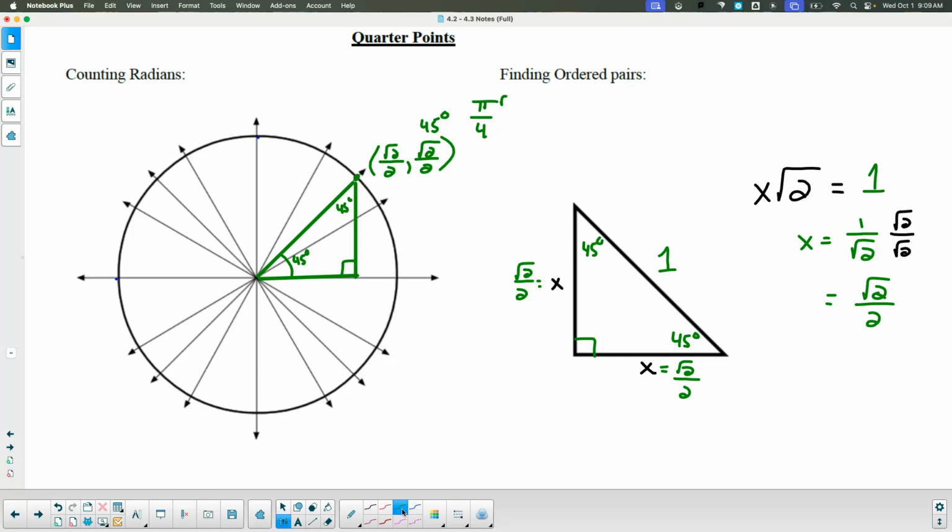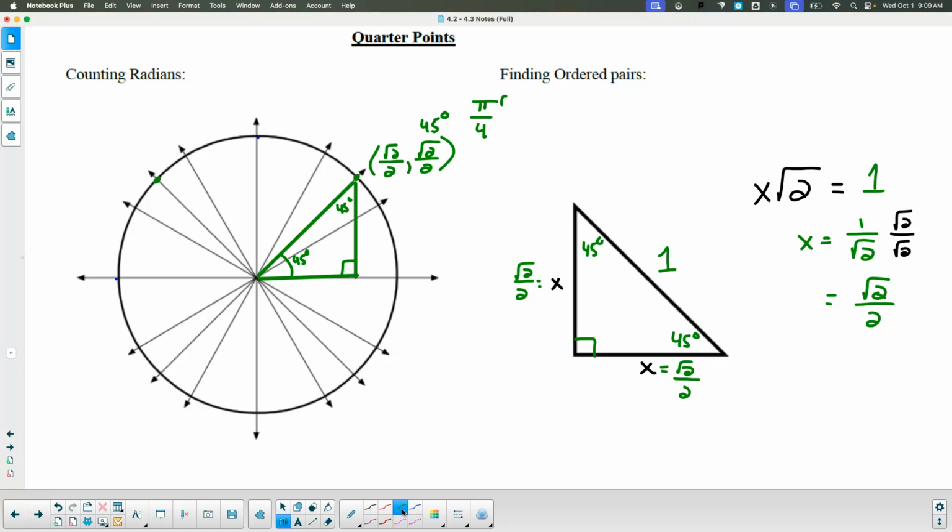Now, the wonderful thing, and I'll tell you more about this later when we're talking about actually memorizing the unit circle, the wonderful thing about the unit circle is everything is reflective in the unit circle. So I can reflect this green triangle over the y-axis, and that would put me at this point right there.